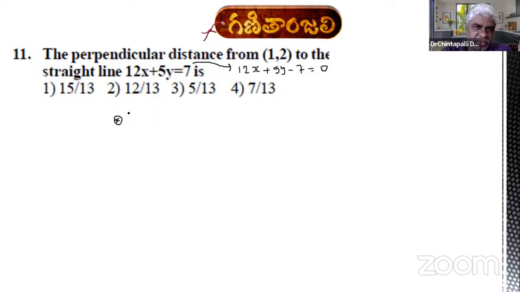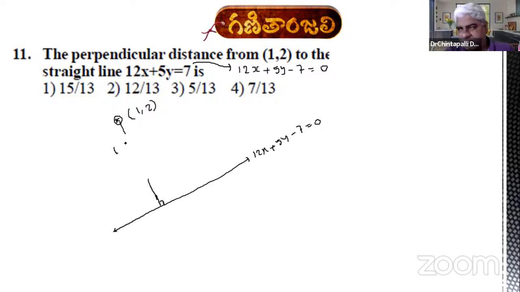Now the distance from the point 1 comma 2. How to find it?